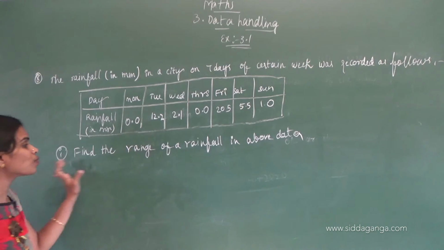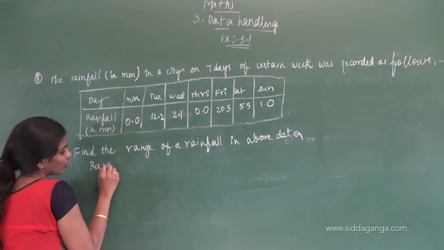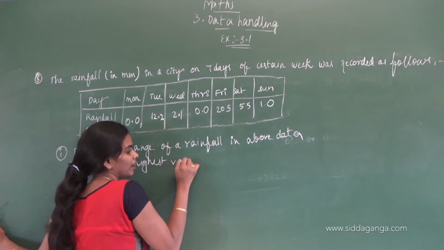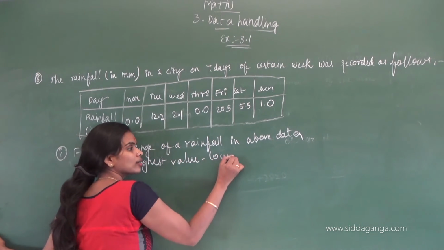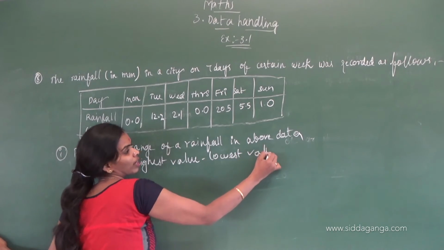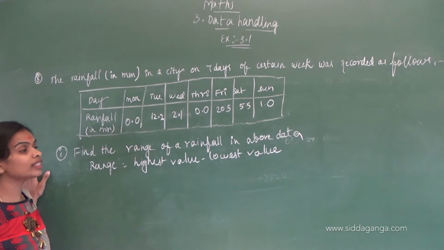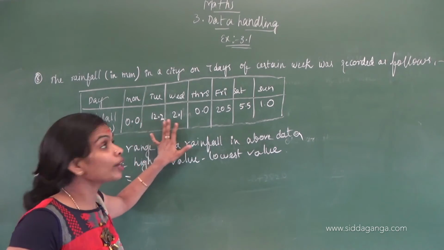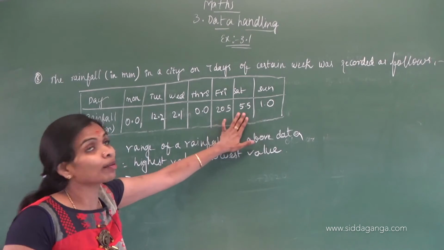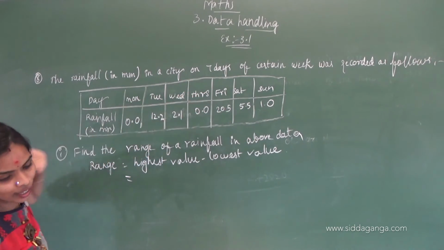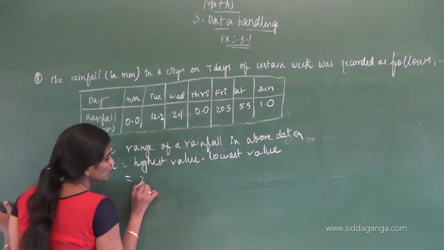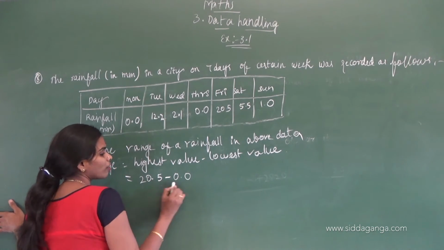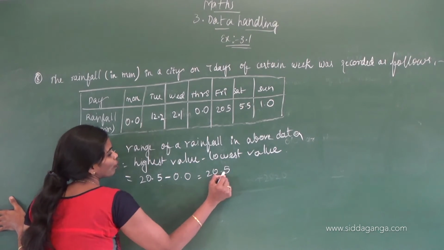Here, range means the difference between highest value and lowest value. What is the highest value in these rainfall in mm? 0.0, 12.2, 2.1, 0.0, 20.5, 5.5, 1.0. The highest one is 20.5 minus lowest one 0.0, so 20.5.